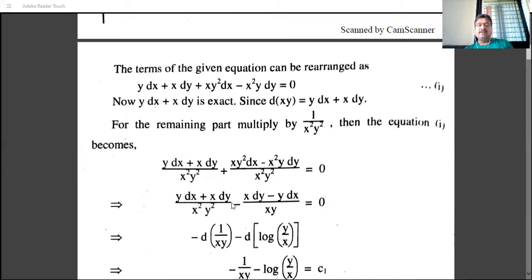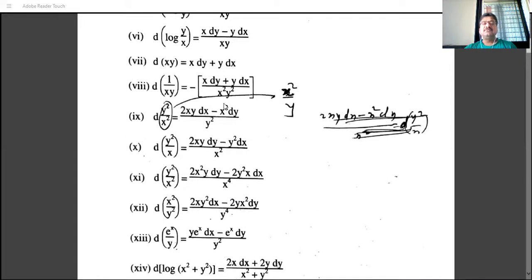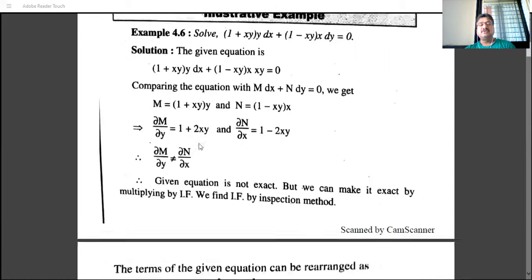If you observe this term, (x dy plus y dx) divided by x square y square is the derivative of minus 1 by x y.